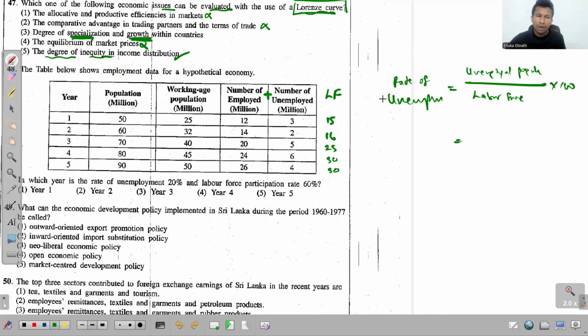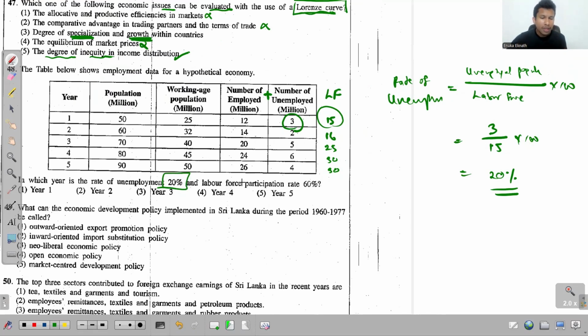The unemployed population in year 1 is 3, and the labor force is 15. So you divide by 15 and you multiply by 100. How much do you receive? You receive 20%. So it matches with the given value in the question.